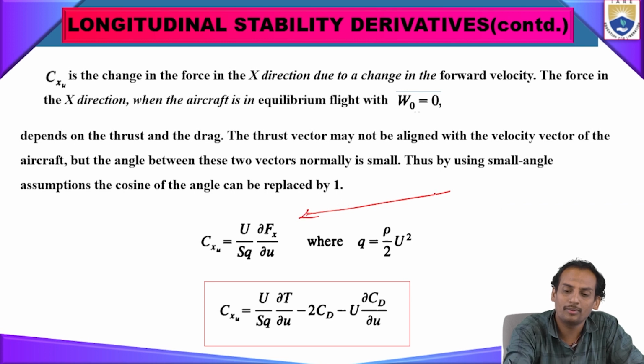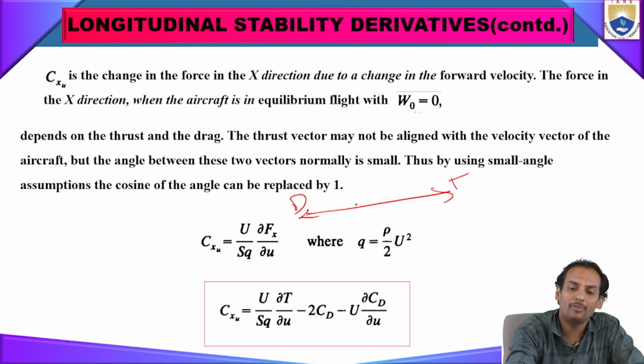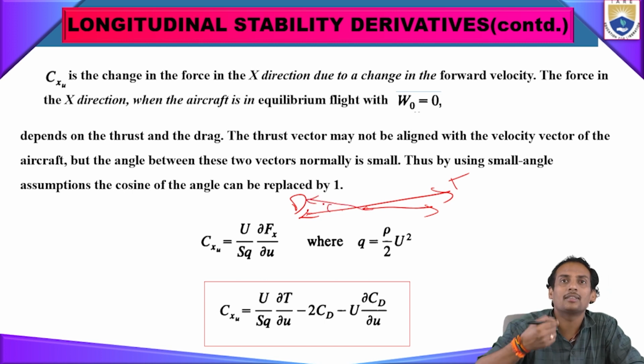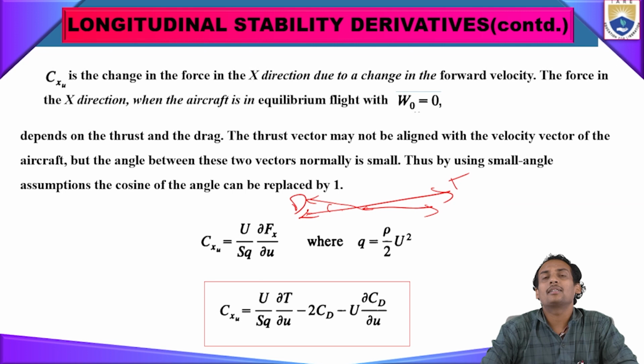The two force vectors will almost be in the same line, but there will be some changes in drag and thrust also, so there will be some angle between those force vectors, but it is very small.